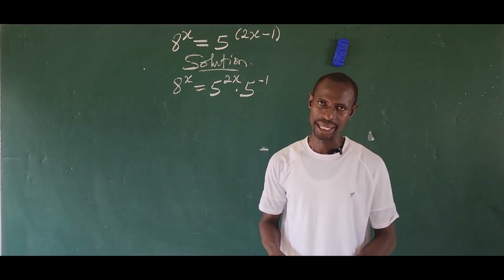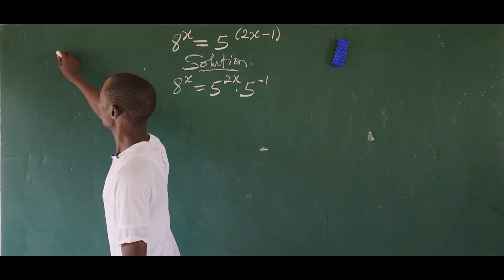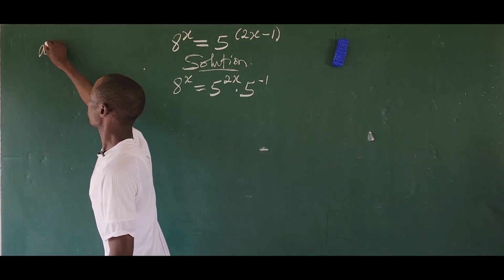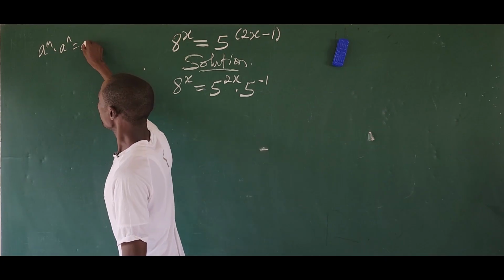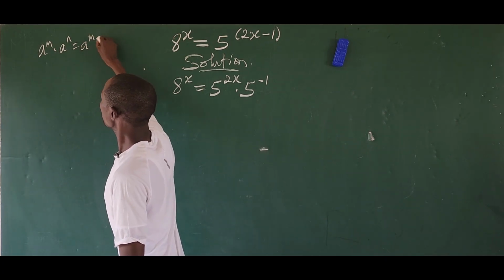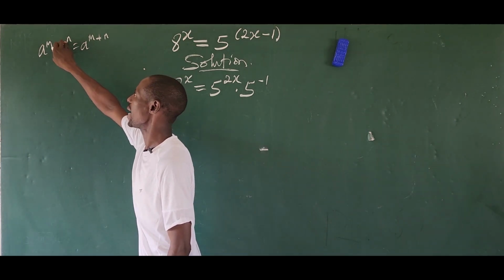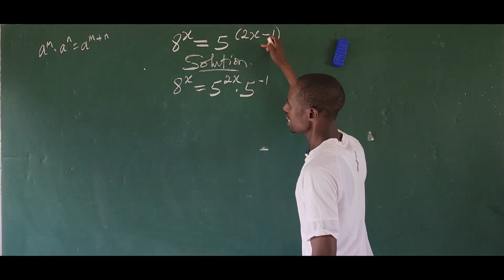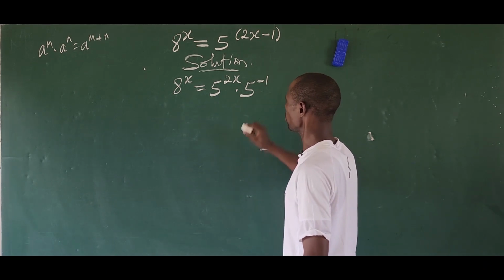How and why? According to the law of indices, a to the power of m times a to the power of n is equal to a to the power of m plus n. But here, the power n, according to this expression, is negative, and that's why we have this raised to minus 1 here.